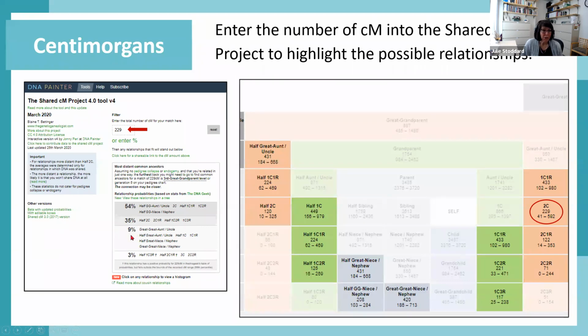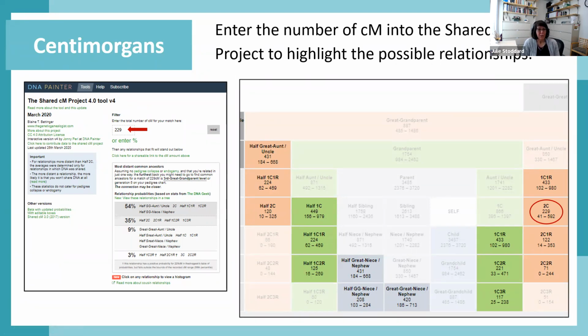Now, there's a 9% chance that I'm one of these smaller relationships, but because the chance is less, if I really think that I'm, for example, a half first cousin, I'm going to want to make sure that I have some good documentary evidence to back that up, because it's not as likely as these other relationships are.